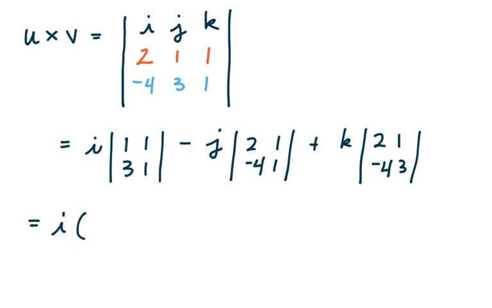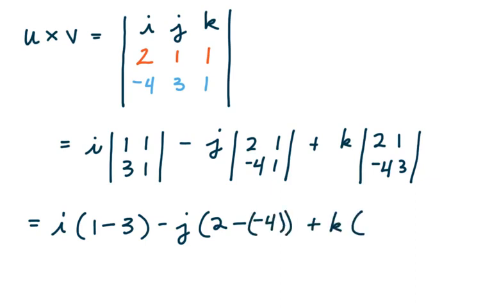I have I, 1 times 1 is 1, minus 3 times 1 is 3, minus J, 2 times 1 is 2, minus 4 times 1 is 4, plus K, 2 times 3 is 6, minus 4 times 1 is 4.